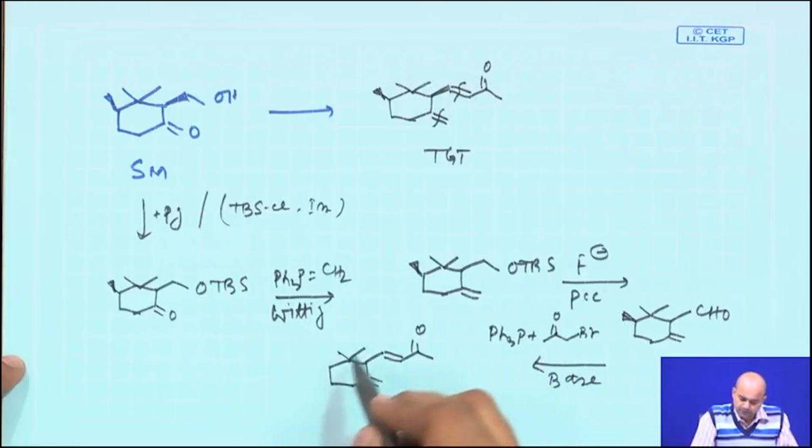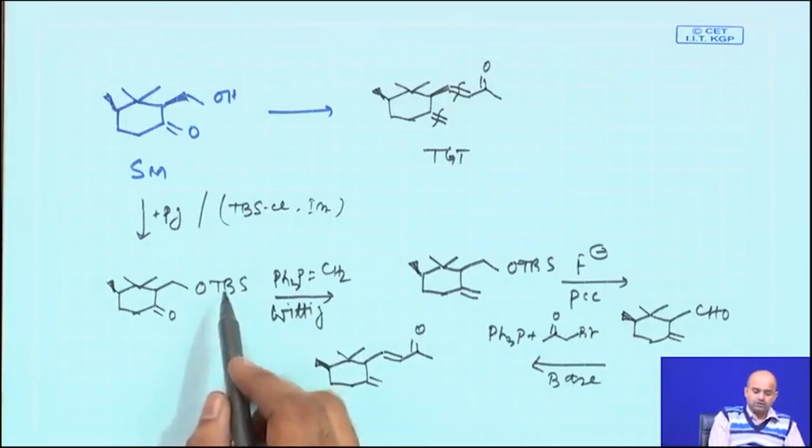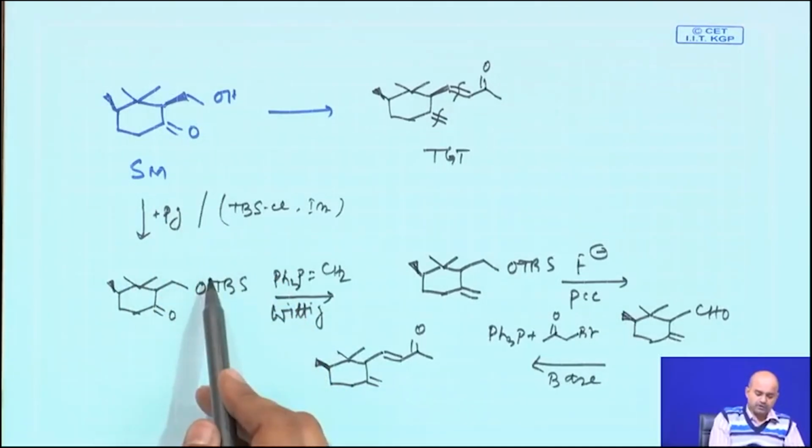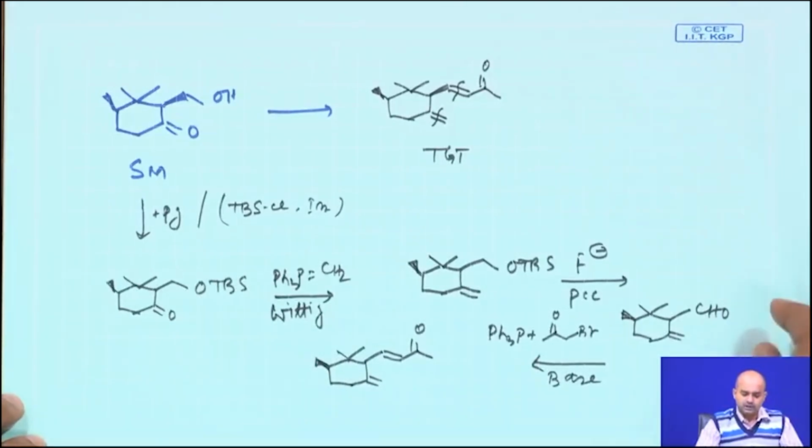The only thing is you have to use a protecting group on this alcohol. So, this free alcohol needs to be protected prior to the Wittig reaction. This kind of selective protection and deprotection is a very useful strategy for making a medium sized target as well as a complex target.